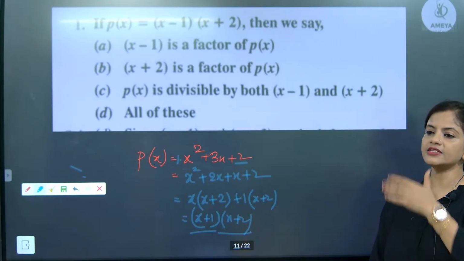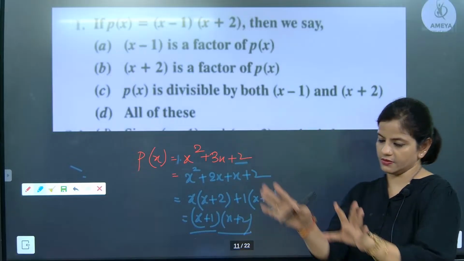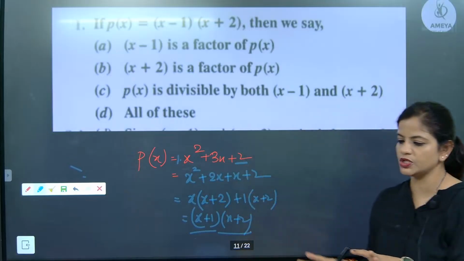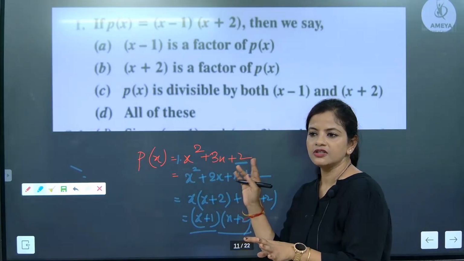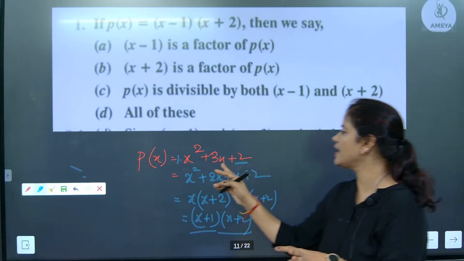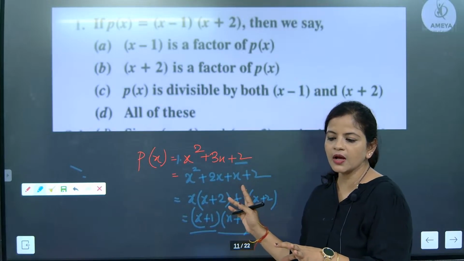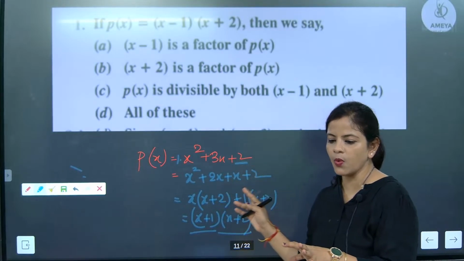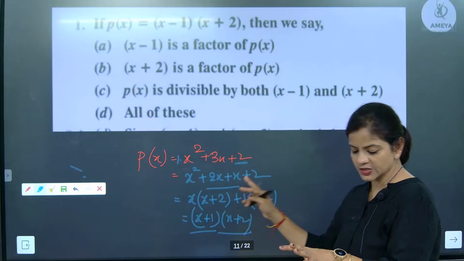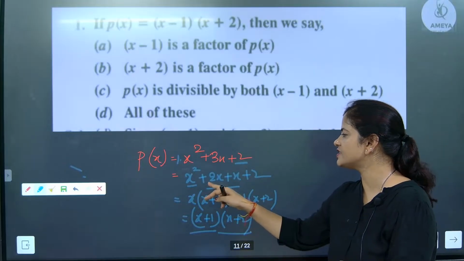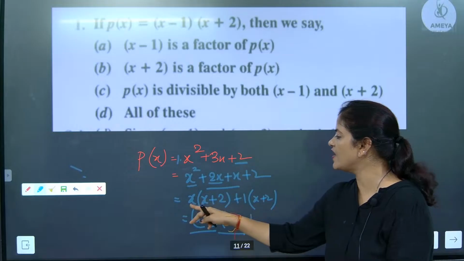If somebody will write x square plus 3x plus 2, now here, 3x will become 2x plus x. We did middle split. After doing middle split, we took x common because there x is square and here 2x is there.